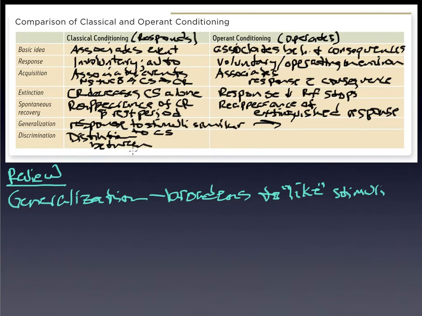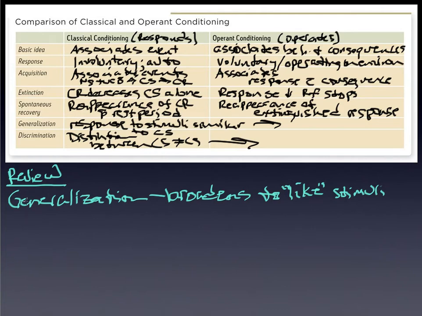And then there's also the notion of discrimination, where a distinction is made between the CS and the things that are not the CS. That operates also in operant conditioning as well, okay? Now, the question is, how'd you do?